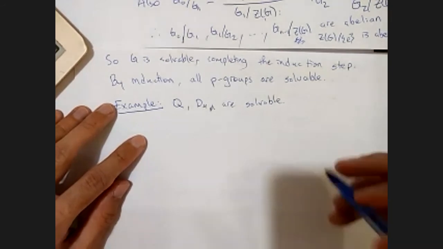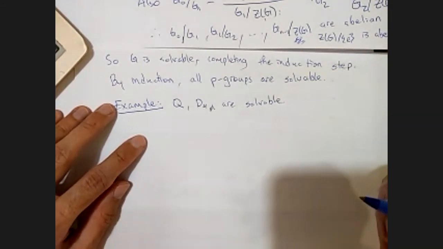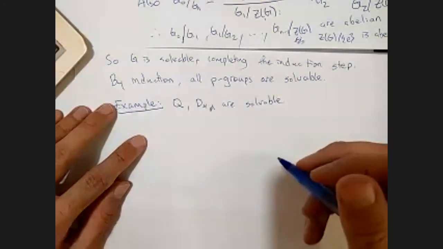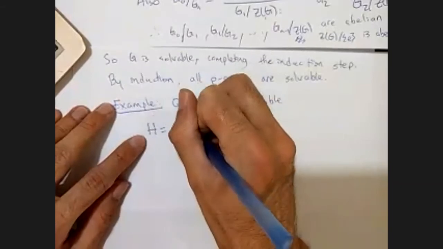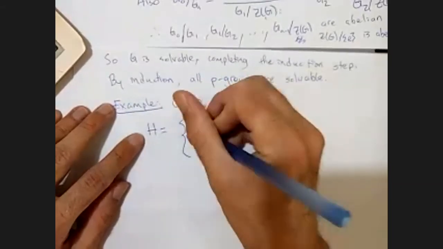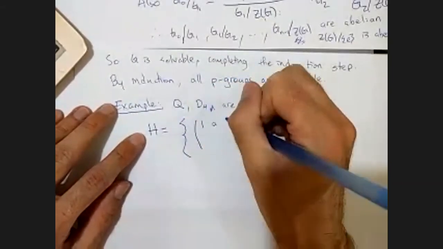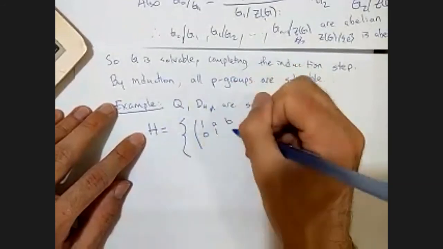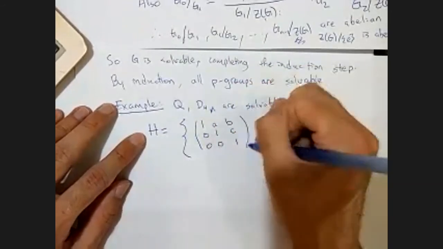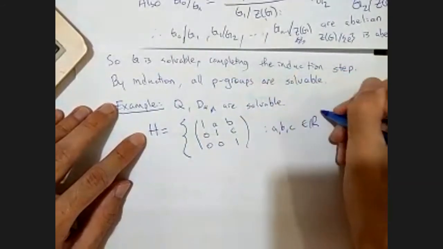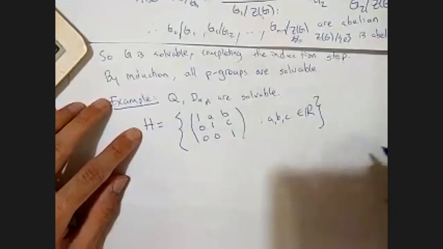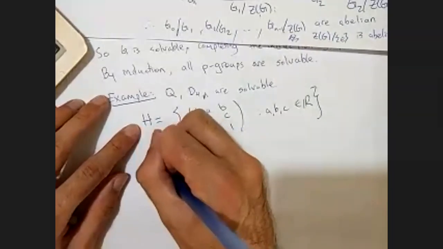As another example, we have this group H. This is actually solvable.